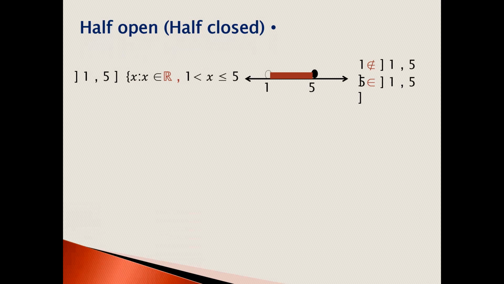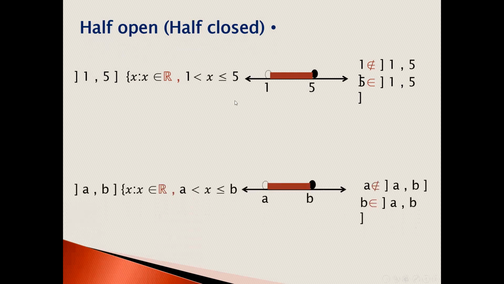For example, I have 1 and 5. 1 is open, 5 is closed. This means that x is more than 1 and less than or equal to 5. Or equal to 5 means that 5 is included, so it will be closed. 1 is open because I have x more than 1, but I don't have or equal, sorry.